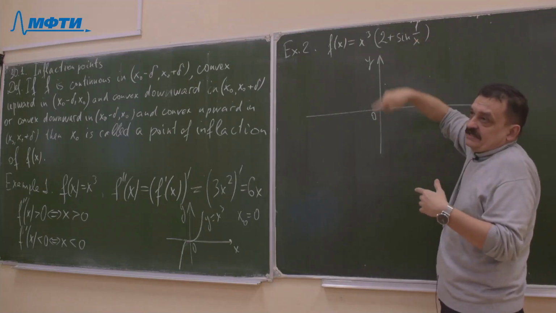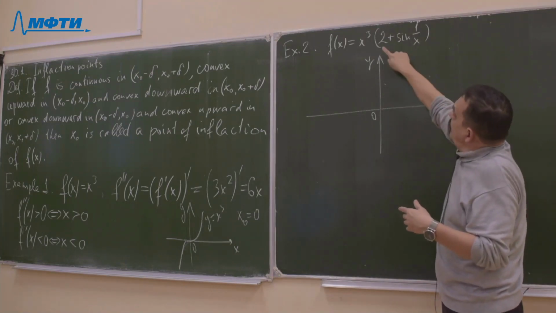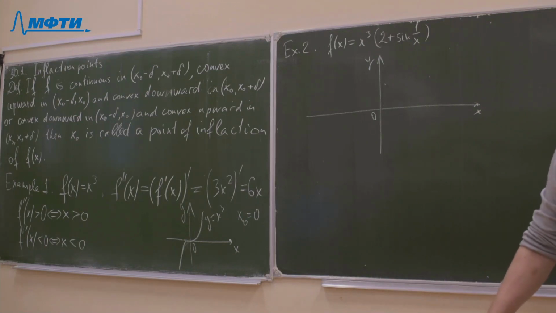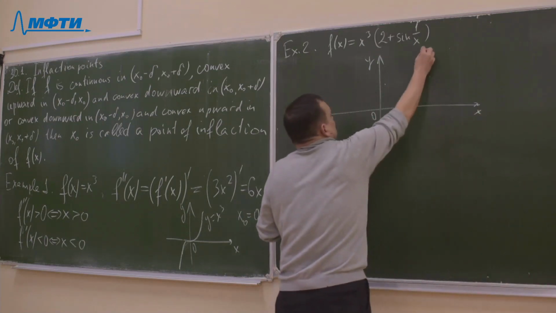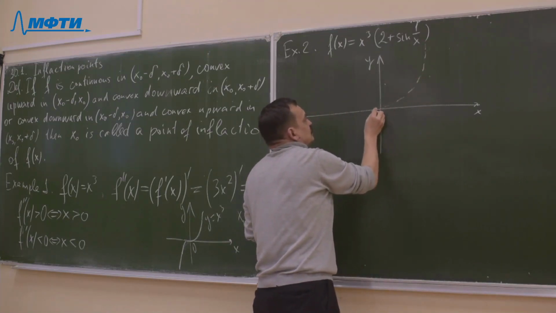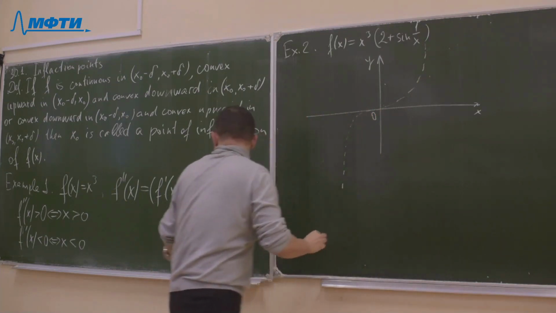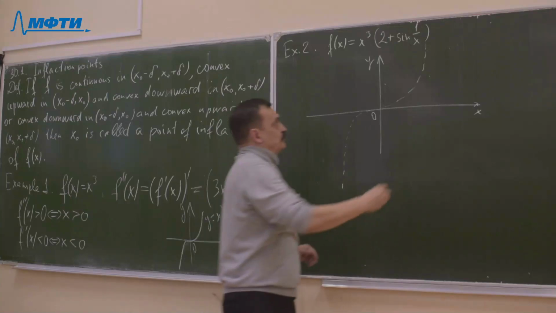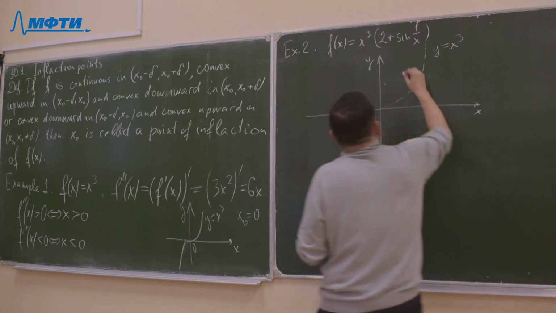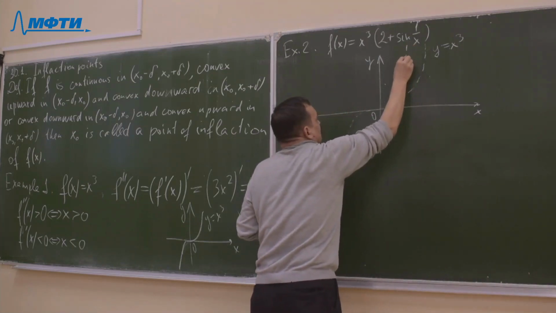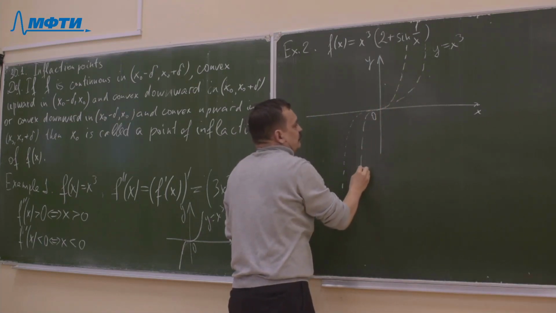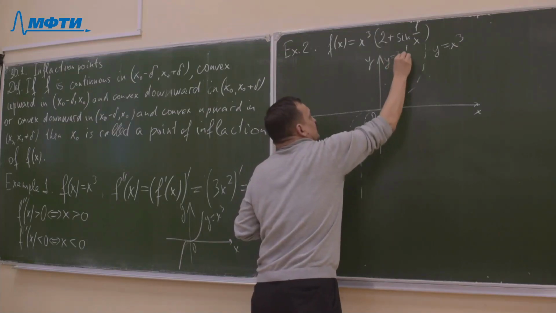So sine 1 over x oscillates between -1 and 1, hence our multiplier oscillates between 1 and 3, right? So I may draw two curves. One curve is precisely a copy of our former example, y equals x cubed. Another is y equals 3x cubed.